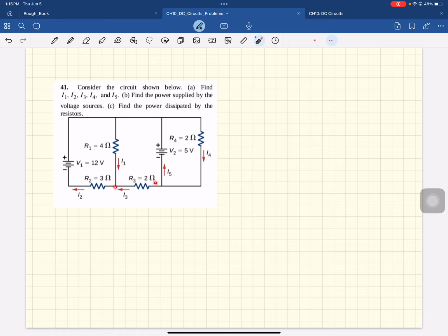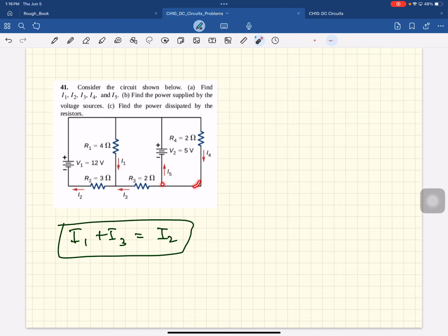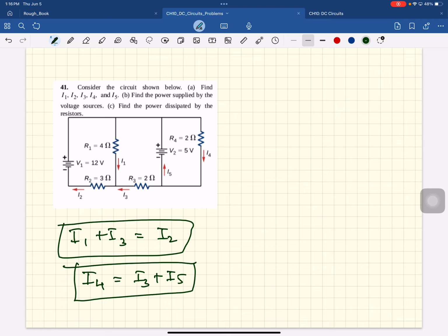That's one. And then this junction says I4 is coming in and I3 and I5 are going out. So I4 equal to I3 plus I5. Okay, so those are two equations.